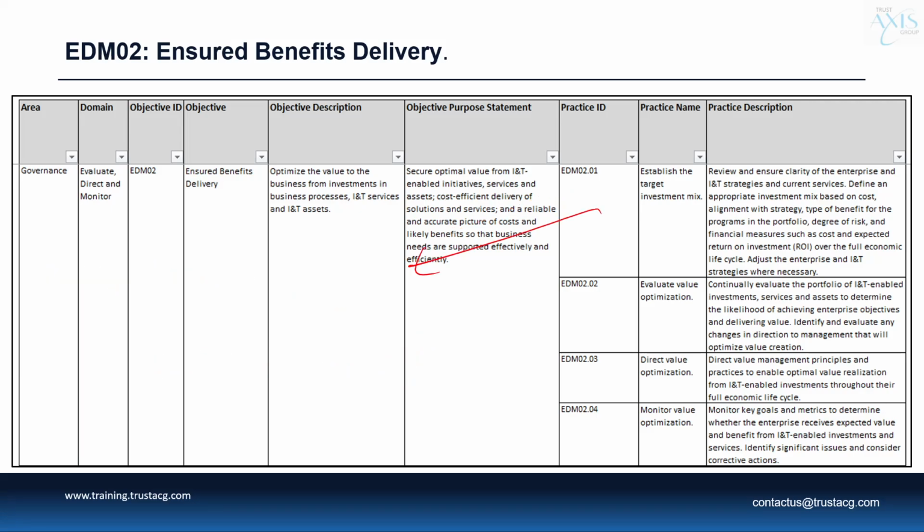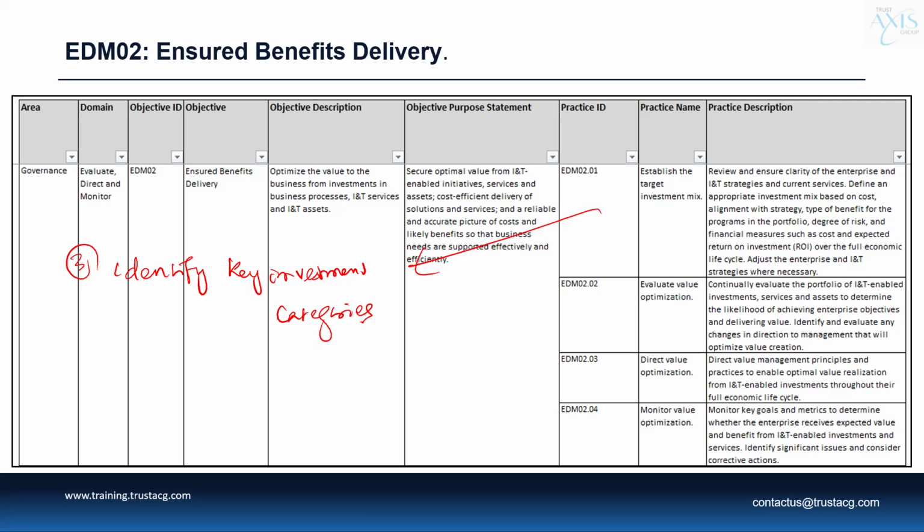Okay. This is the second activity that you can possibly implement in order to achieve the outcome of this particular practice. The third thing that you can possibly do is identify key investment categories, right? Here you can define the broad categories of your IT investment: systems, applications, data, services, infrastructure, and even skills that are required to support the enterprise objectives.